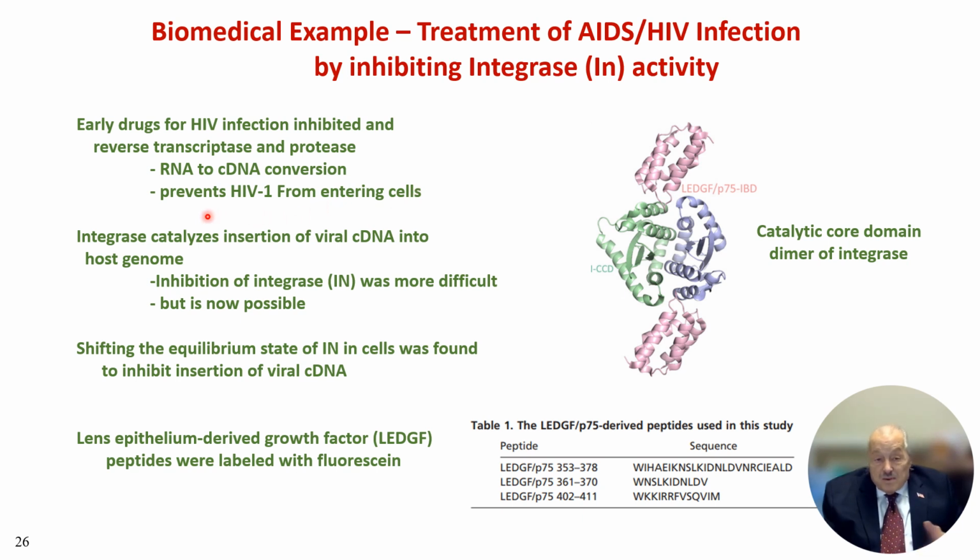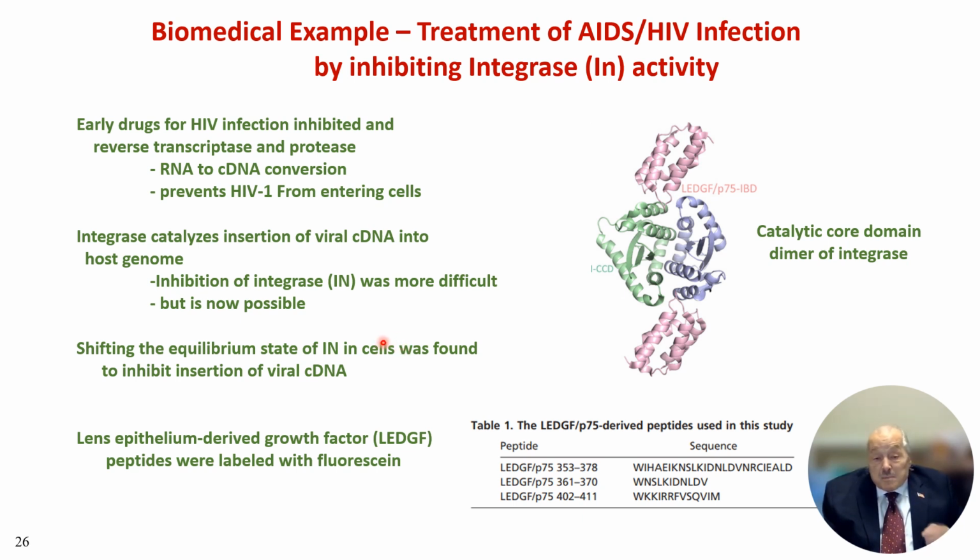One way is, of course, you have to convert the RNA to cDNA, so they looked for inhibitors of that enzyme, and you have to look for inhibitors of the protease that helps the HIV get into the cells. Finding inhibitors of integrase was more difficult.